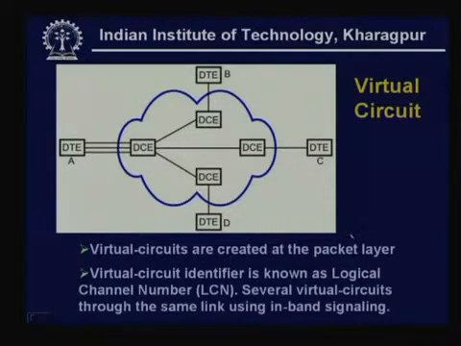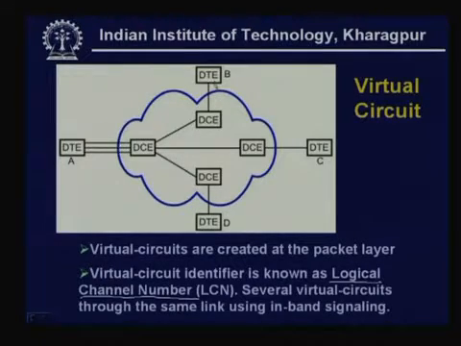So you see, the virtual circuits are created at the packet layer, and how it can be done I have already explained, and it uses a virtual circuit identifier. It is known as the logical channel number. So that virtual circuit identifier is used to identify a particular virtual circuit. As you can see from this DTE A, there are several virtual circuits created.